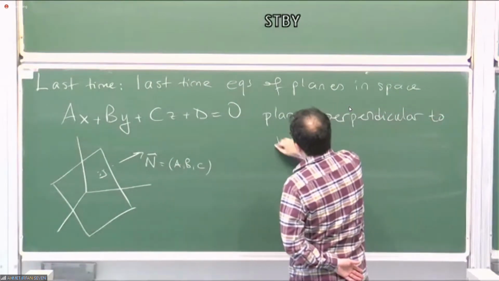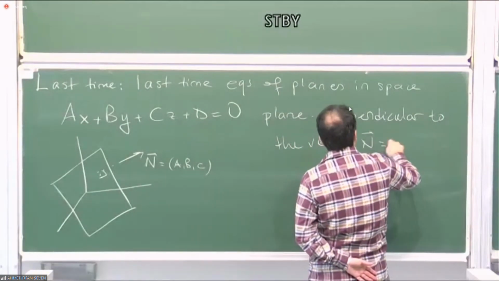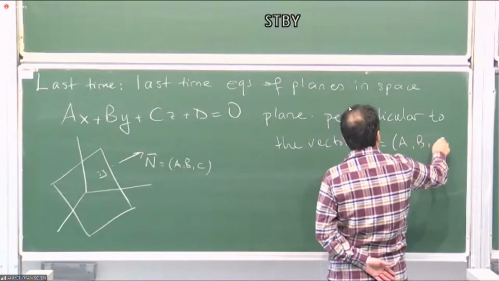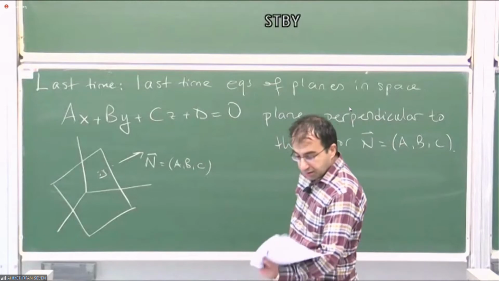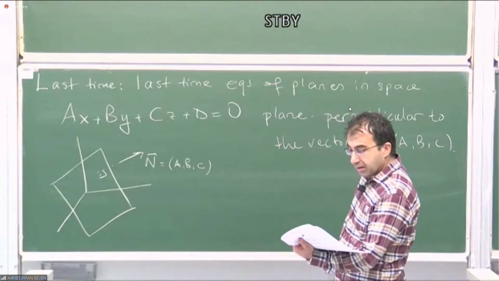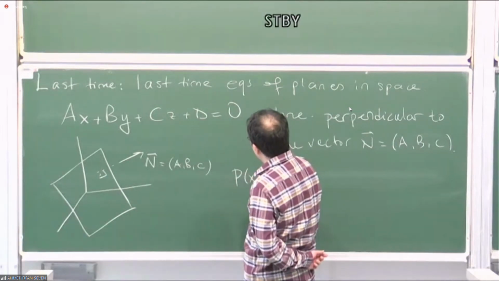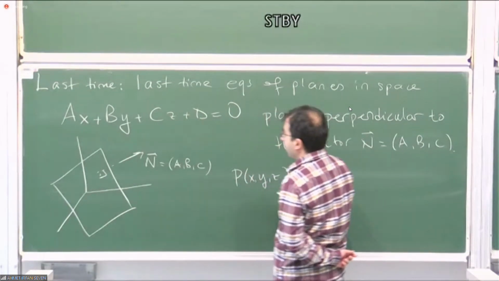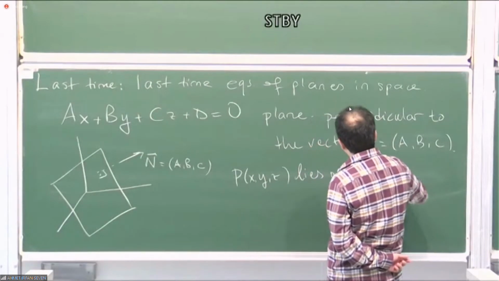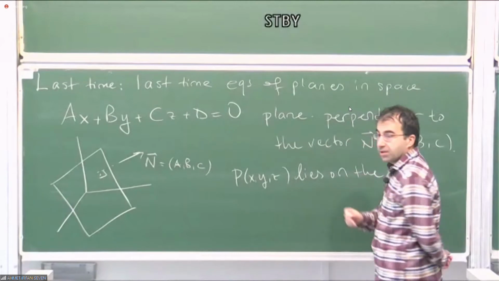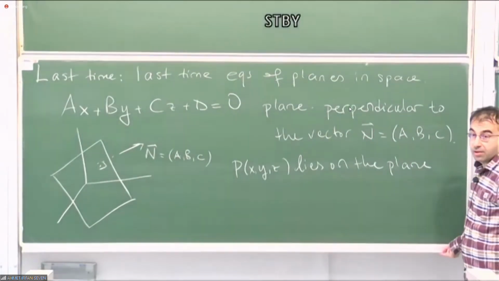to the vector n. Okay. Well, what else? It is that if a point P, so a point P (x, y, z) lies on this plane, if it satisfies the equation of the plane.